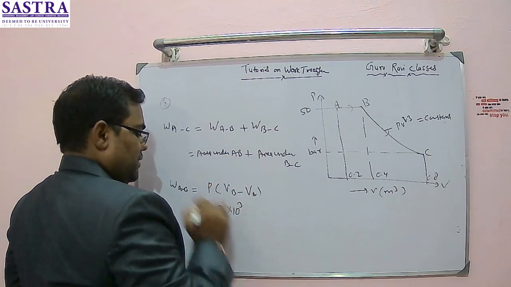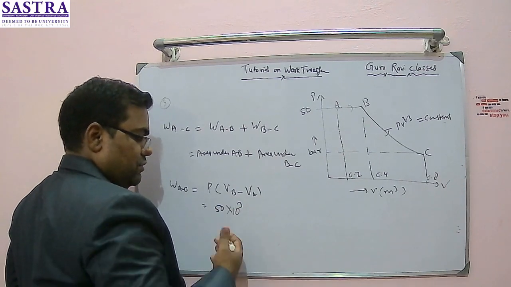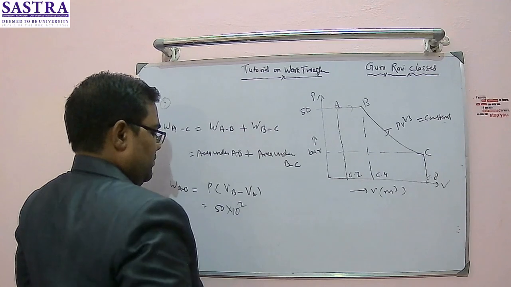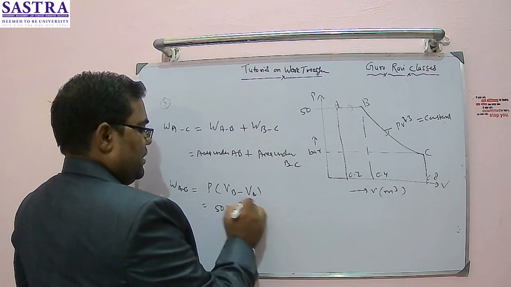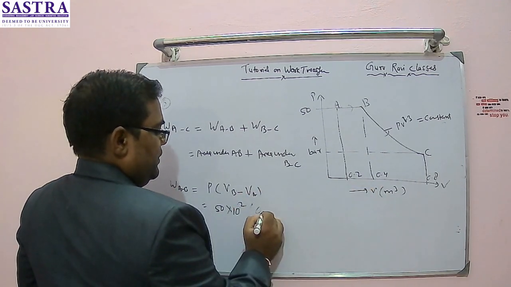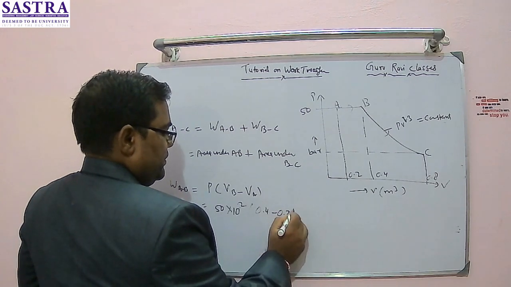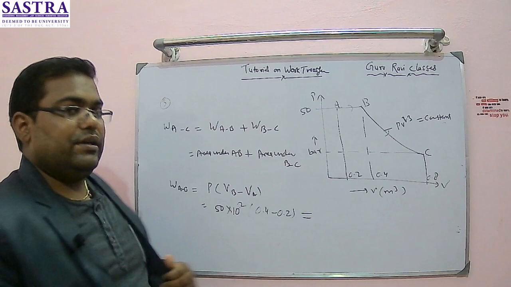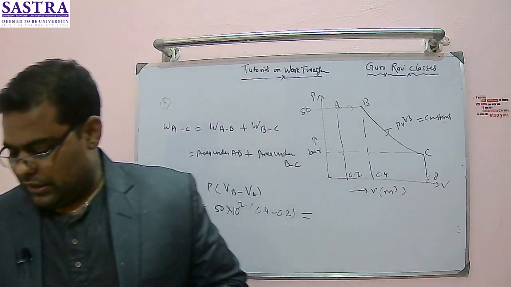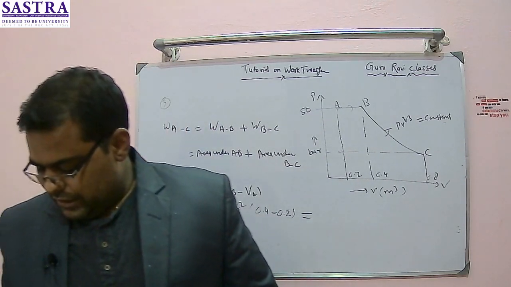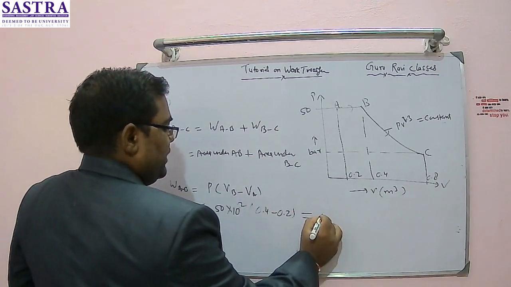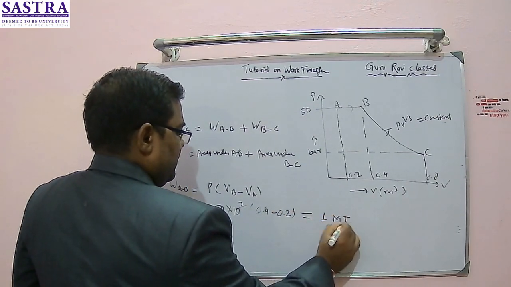Bar is 10 to the power 5, so I will write 10 to the power 2 only, and the 5 times 10 to the power 3 will be outside, in kilojoule. Now V at B is 0.4 and here 0.2. Just cross multiply and you will get W AB. That's the one thing. So W AB that you are getting is approximately 1 megajoule.